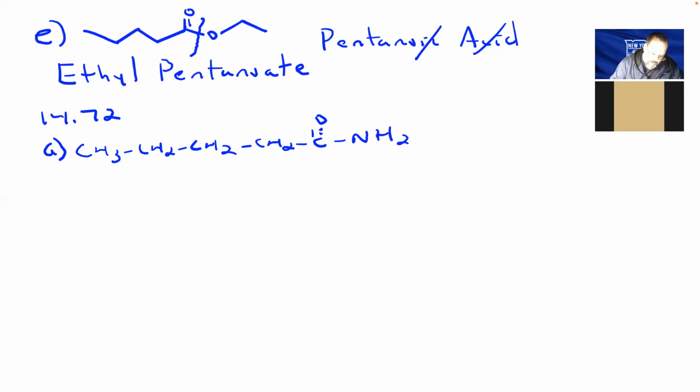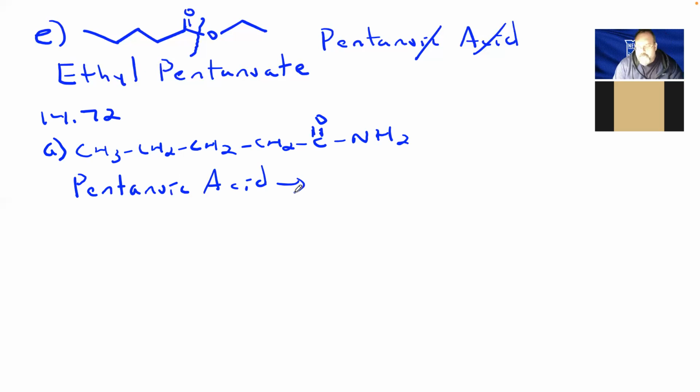What we want to do with primary amides is use the corresponding carboxylic acid name. So in other words, we pretend that the NH2 group is not there, and instead that it was OH. So if you had CH3, CH2, CH2, CH2, C double bond O, OH, a 5-carbon carboxylic acid would be known as pentanoic acid.